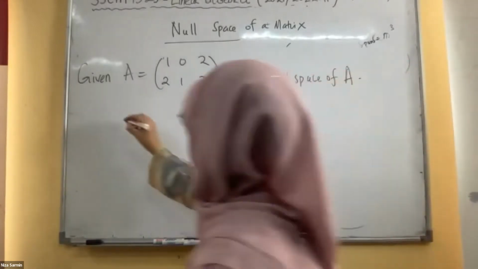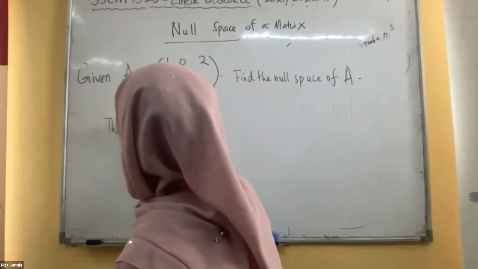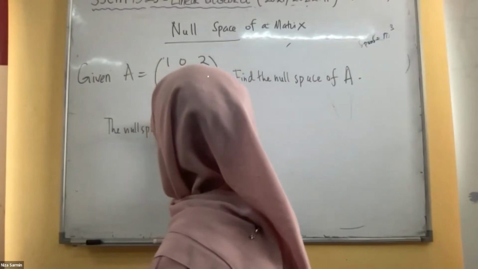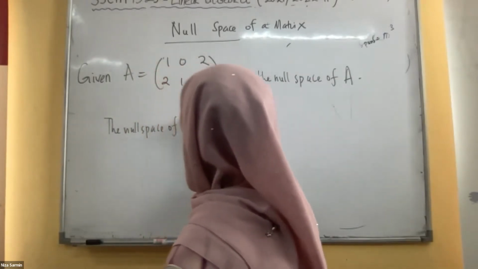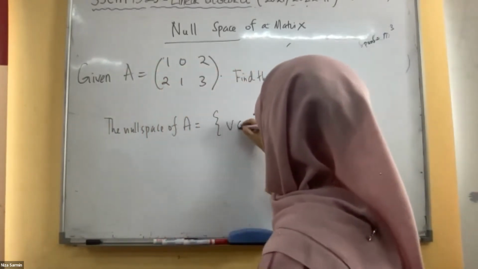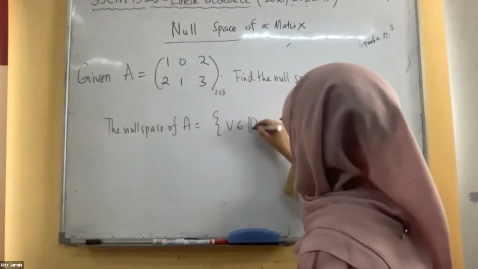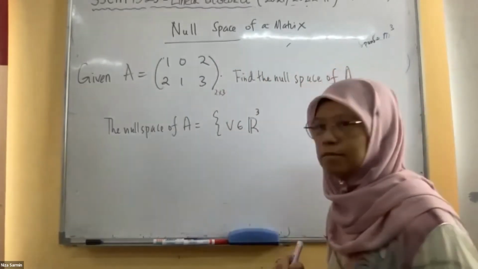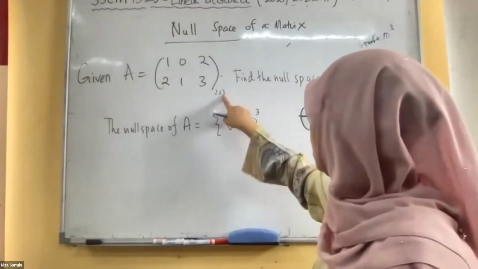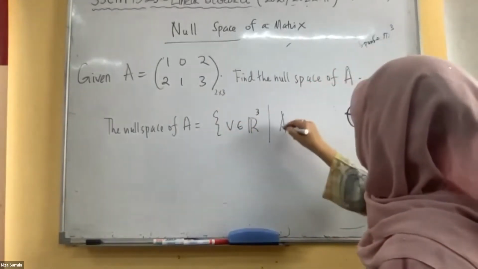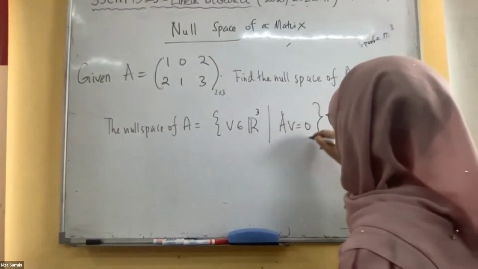So the null space of A is V in R3, such that AV is 0.